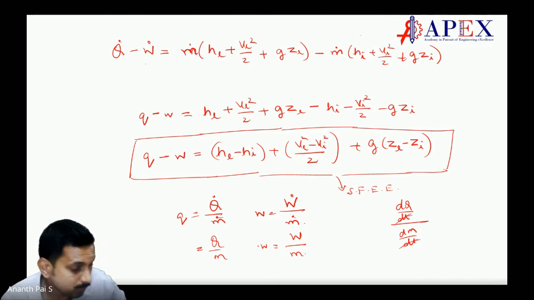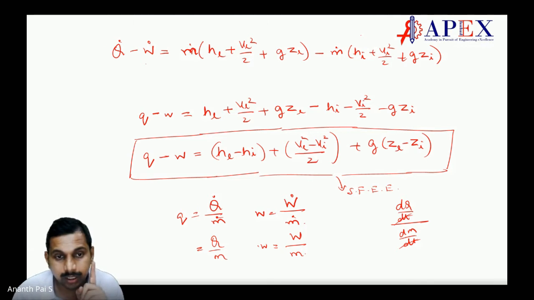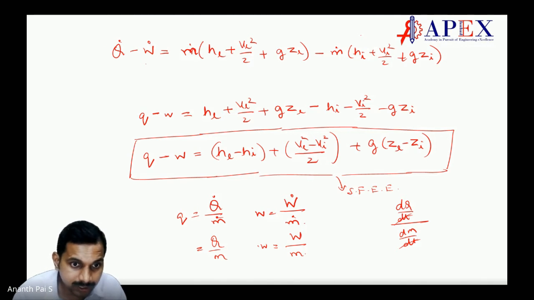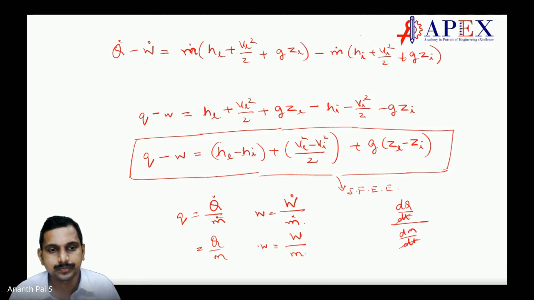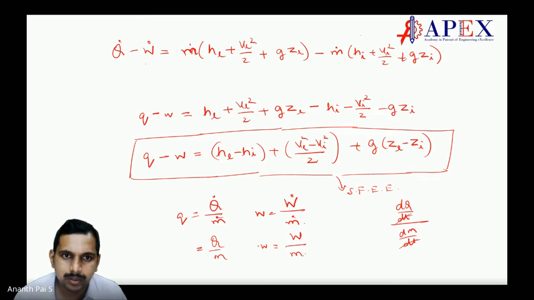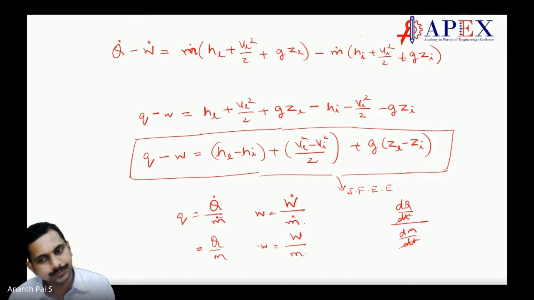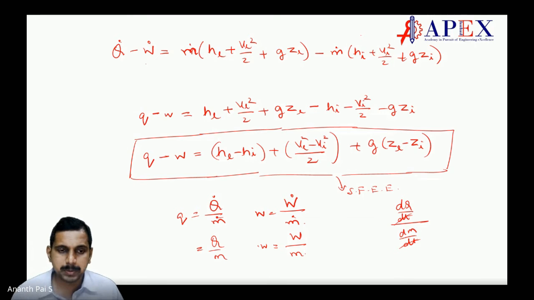It is given in the book that q comes from q minus w. Dt cancels, so dq by dm, or we can say q by m. That's how you can take it. These subtler aspects give you strength in the subject.